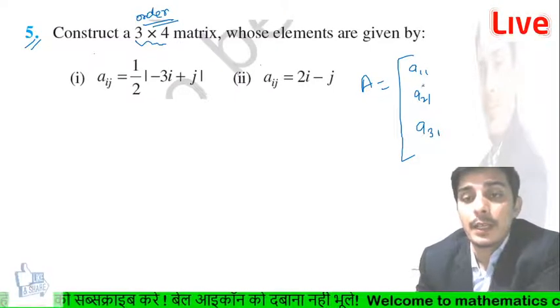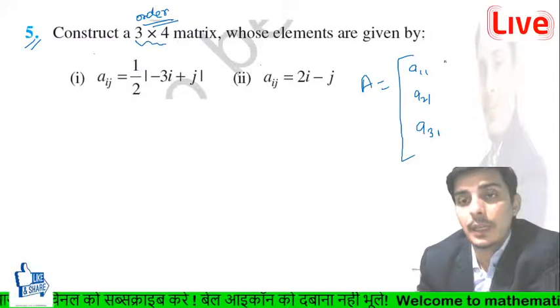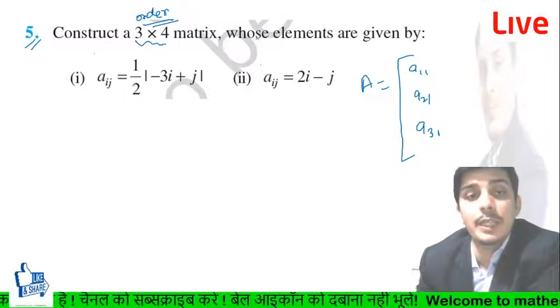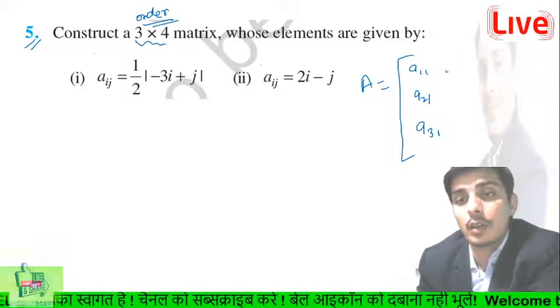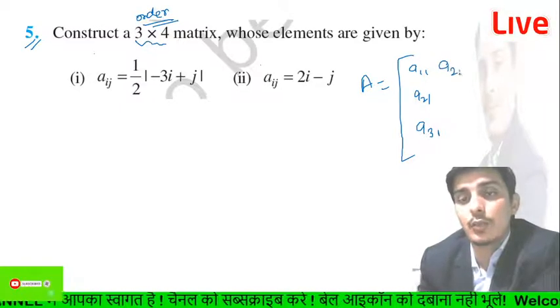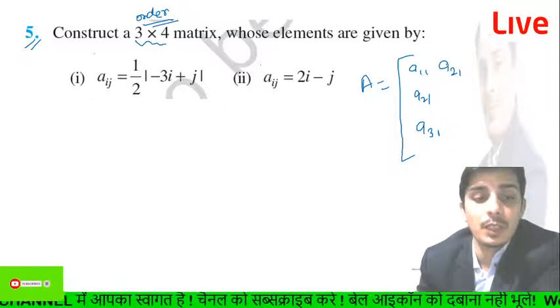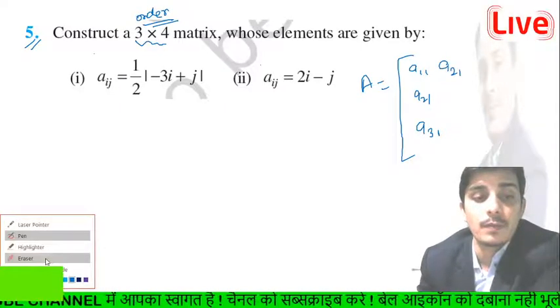Okay, and the remaining columns will be 4, because 3 into 4 is given as the order of the matrix.